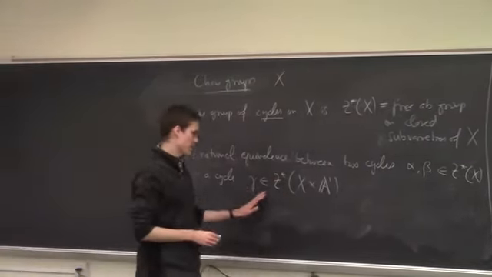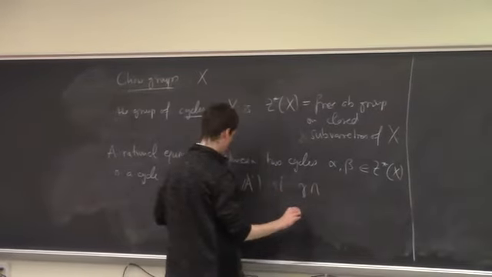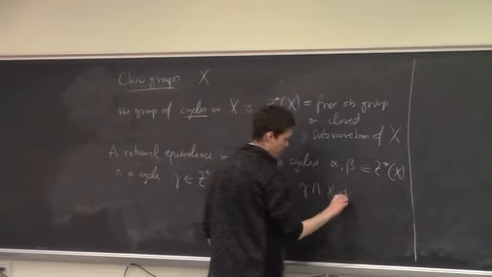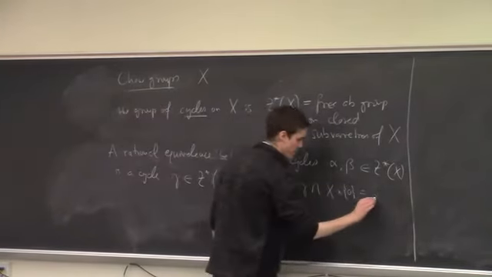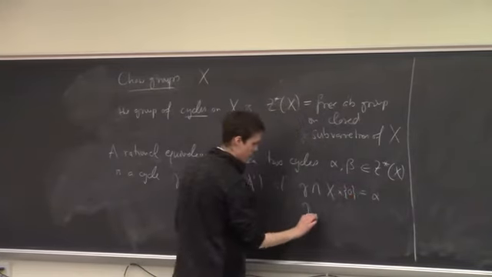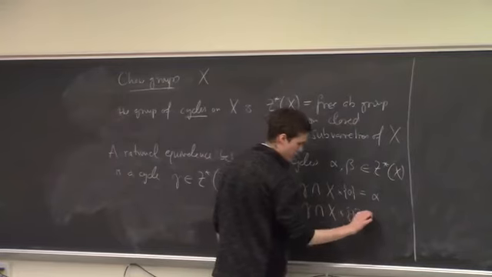And it's such that if I intersect it with the fiber over 0, I get alpha, and if I intersect it with the fiber over 1, I get beta.